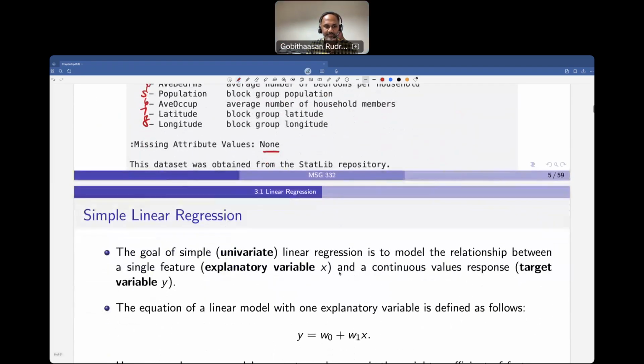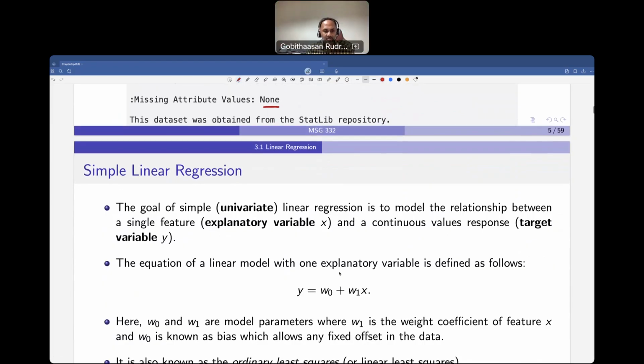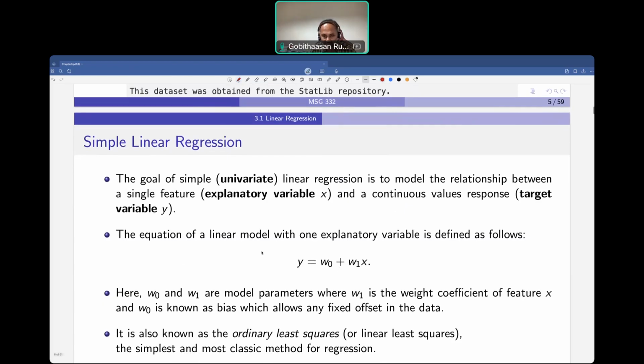Now, the goal of simple or univariate linear regression is to model the relationship between a single feature, also called an explanatory variable x, and a continuous value response, the target variable y. Okay, the equation of the linear model, a linear model simply means it's just a straight line.